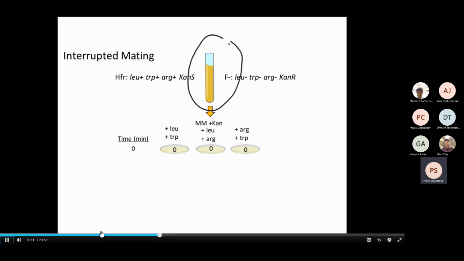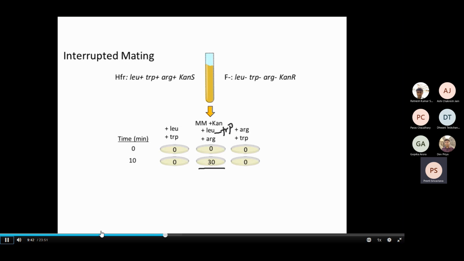Let's say we let some time go by and then take another sample. We take another sample and plate it out on these different conditions. So after 10 minutes, we now see that we have some colonies starting to grow in the absence of tryptophan, or TRP.